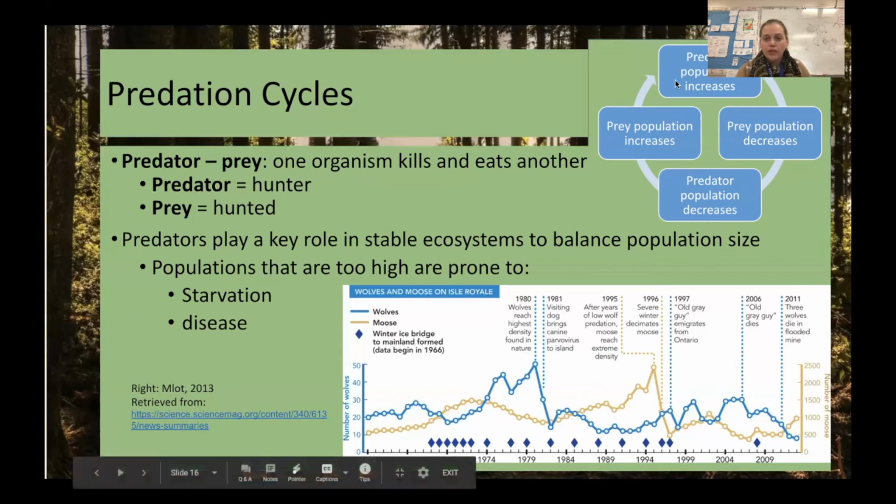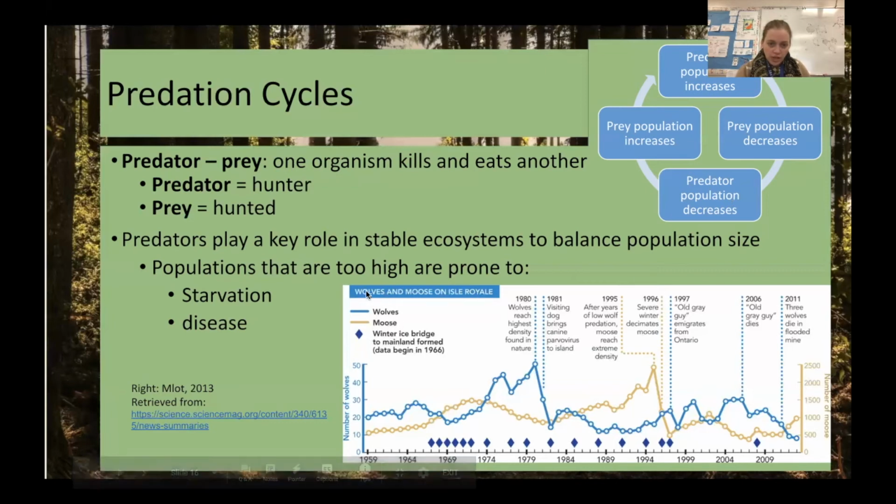So again, you have in words these population cycles here. This is a graph based on the wolf and moose population on Isle Royale. It's a national park in Lake Superior off the coast of Michigan. It's been mapped pretty heavily over time. It's been studied in detail. And these are some of the big things happening in the timeline of this wolf and moose population.